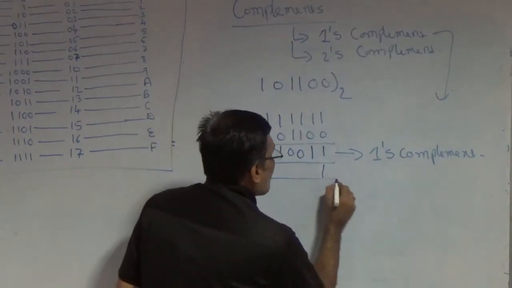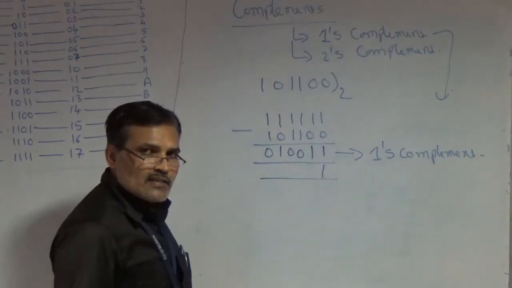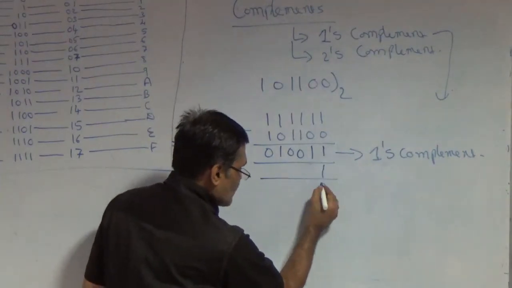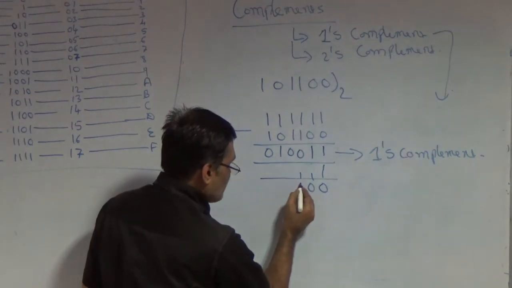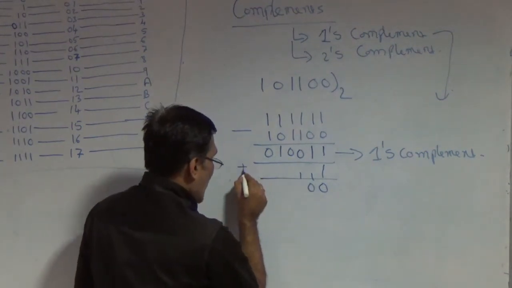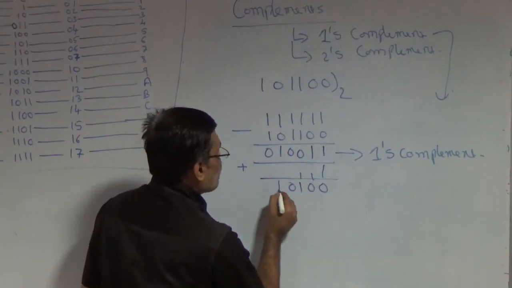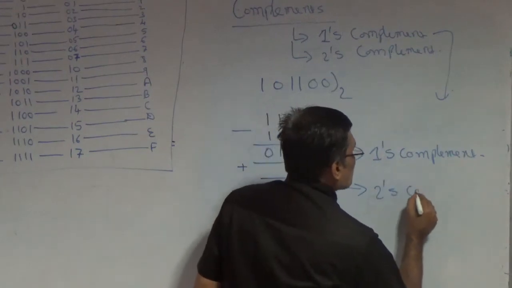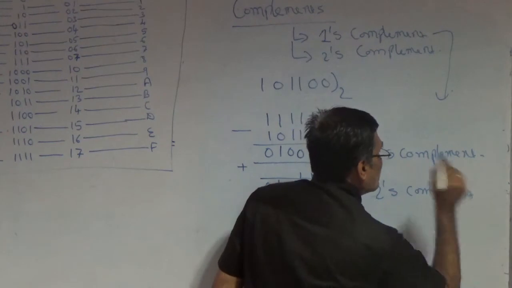Now I will add 1 to the least significant bit of the result of the earlier subtraction. So this is 1 I have added here. So 1 plus 1 is 0. Again 0. Carry is 1. You have to add 1. 1, 0, 1, 0. So this is your twos complement of the given number.